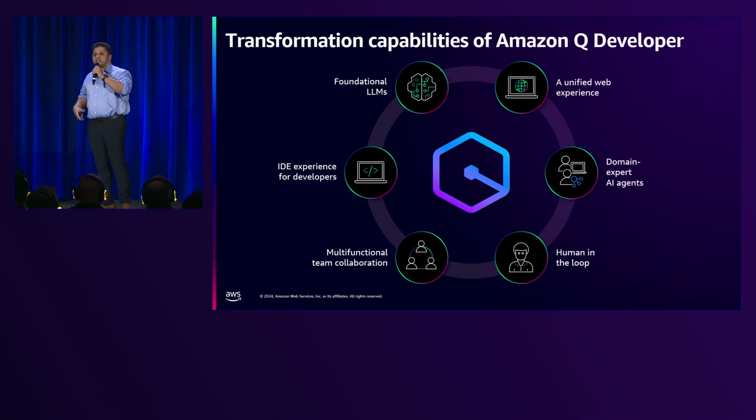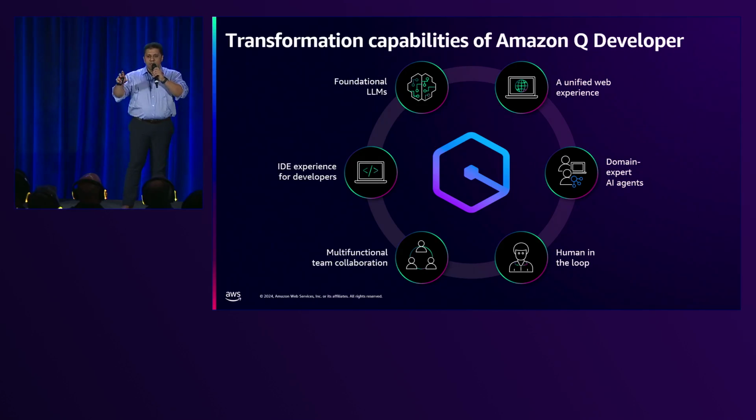We have built foundational large language models, and we have built domain expert AI agents. The way we think of it is that it will augment your teams. It will be an extension of your team, and you will receive a domain expert with AI agents who will provide you the expertise that you need, with your supervision.